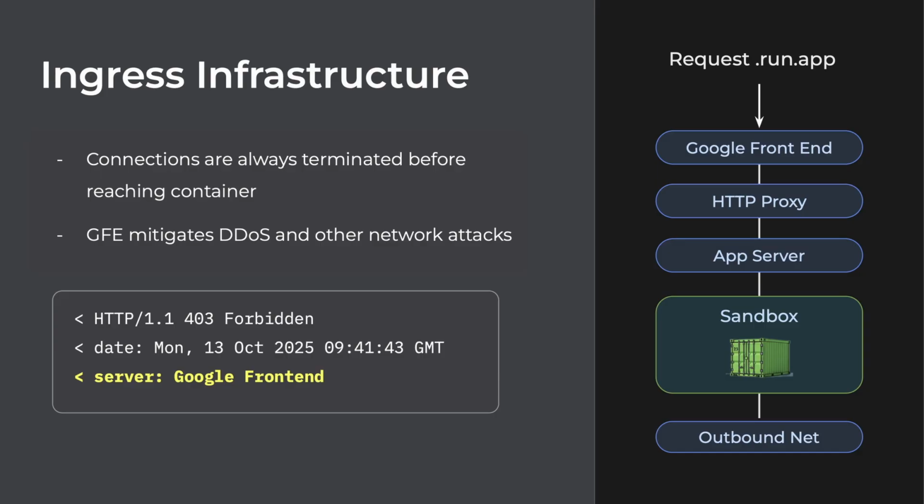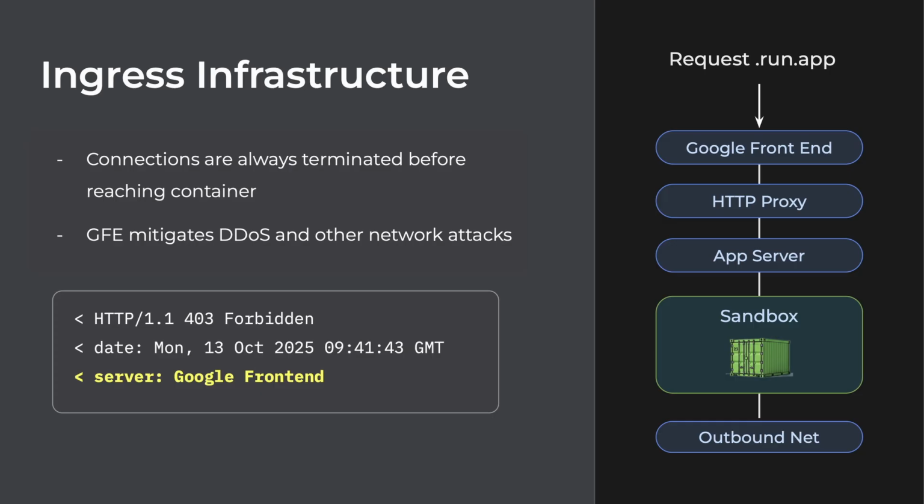Then about the ingress infrastructure, you have a number of layers that Google sets for you to protect your container. Google Front End is that layer. It's the massive distributed infrastructure that Google runs on the edge.